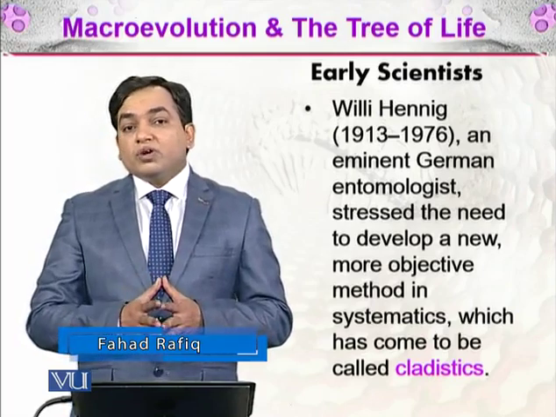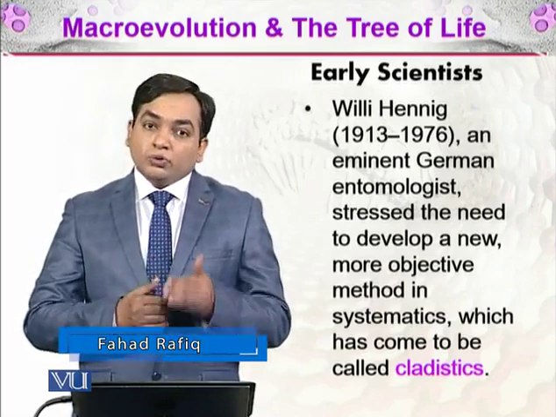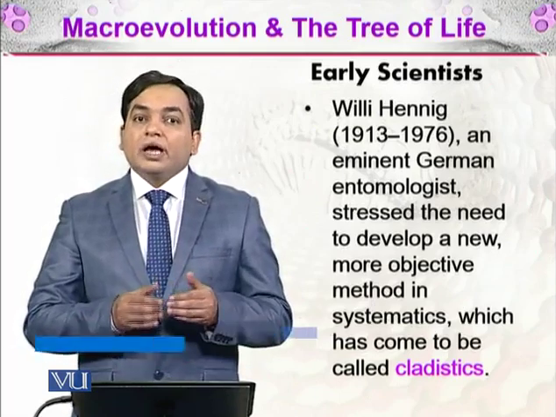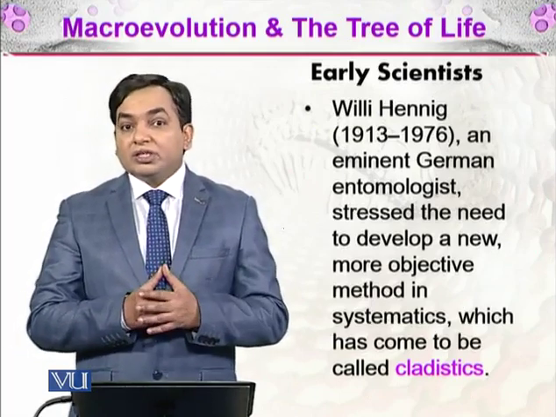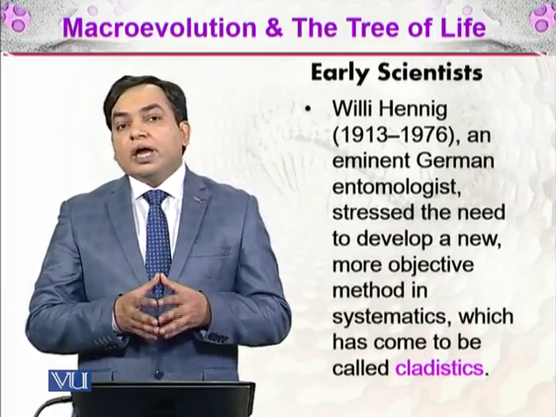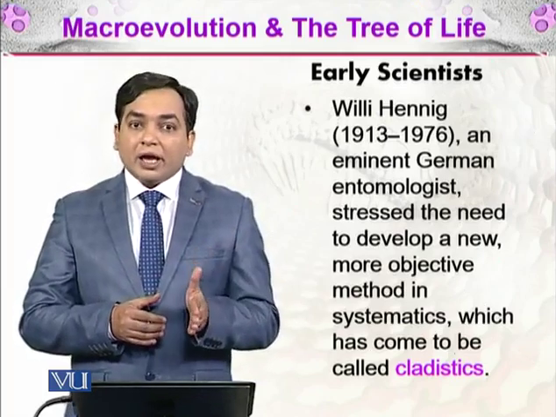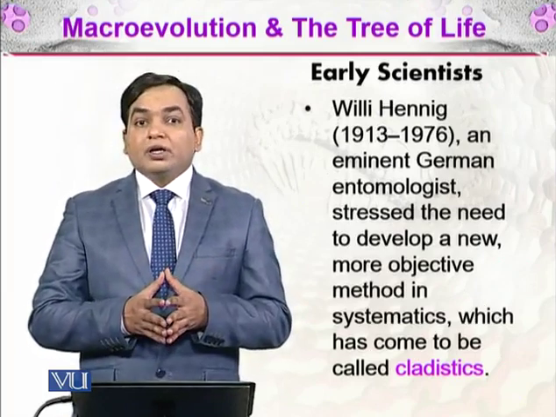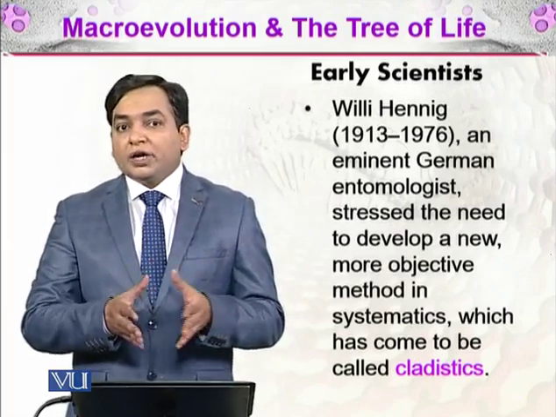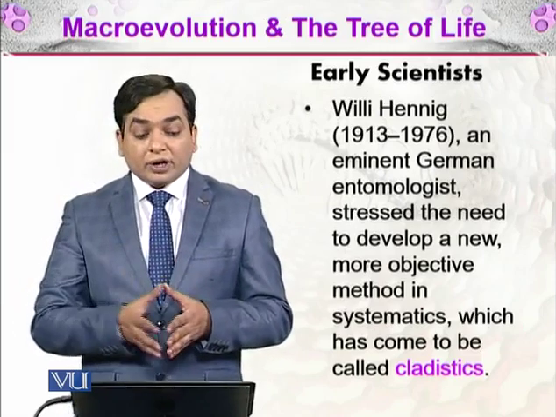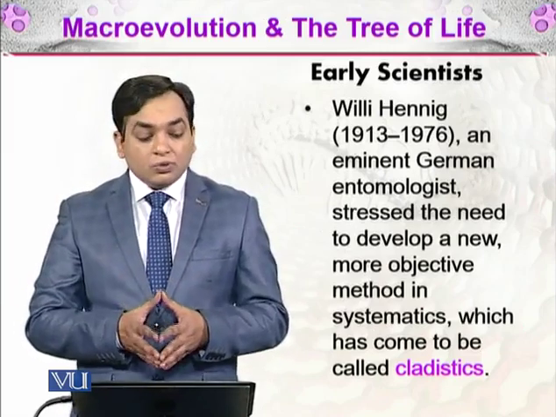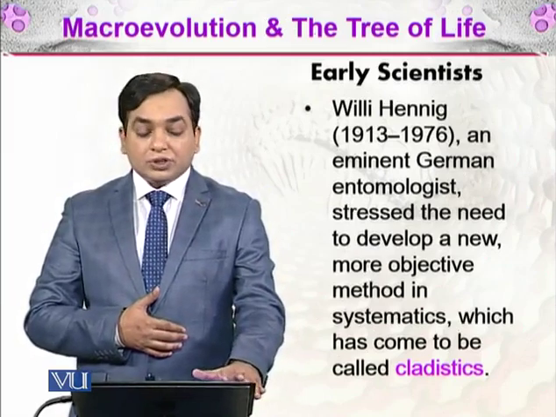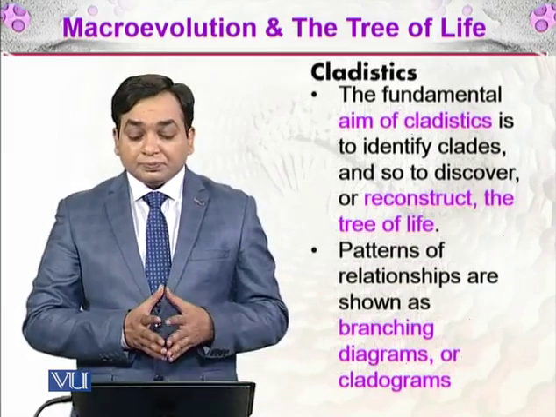So this was the first scientist who knew about the different groups of organisms, and what characteristics define them to be in a particular clade, and what characteristics are not giving any information. So uninformative characteristics and informative characteristics, he knew about those, and he gave rise to the science which is called cladistics.